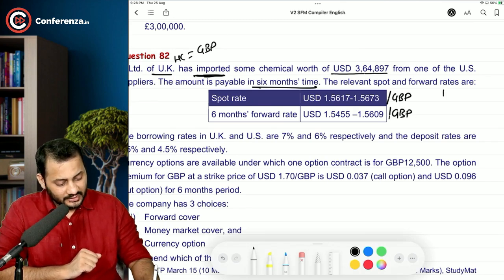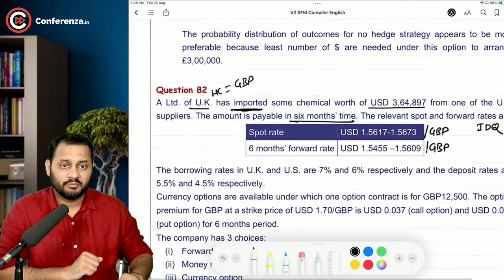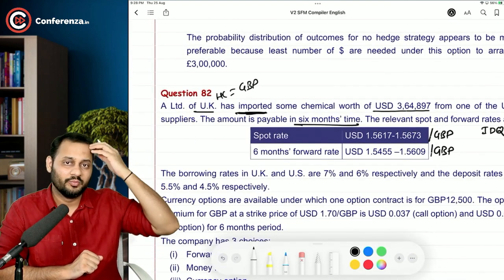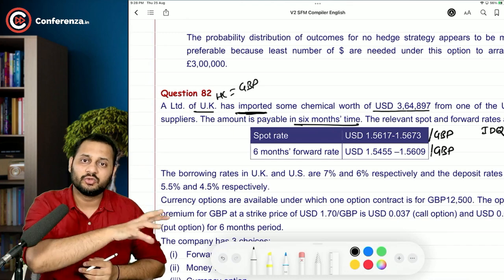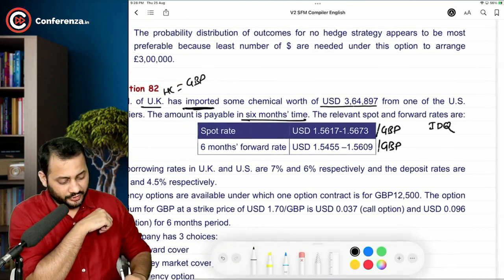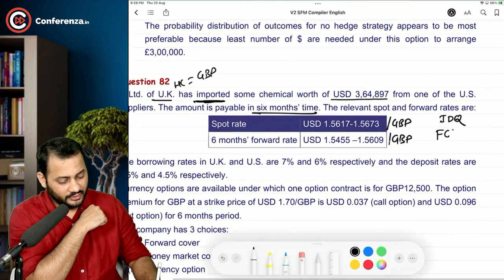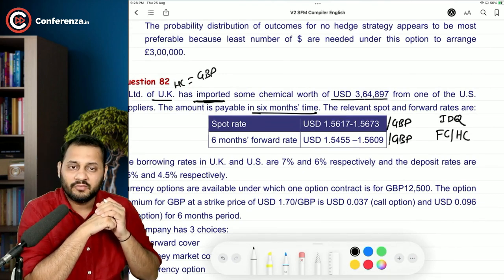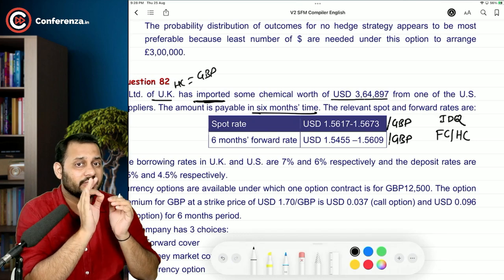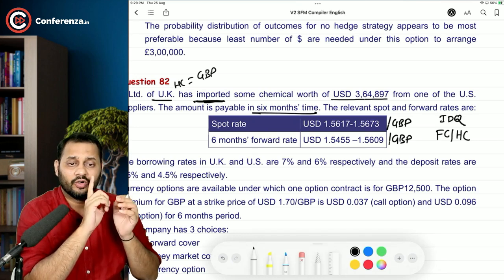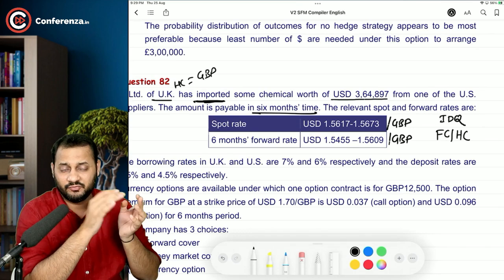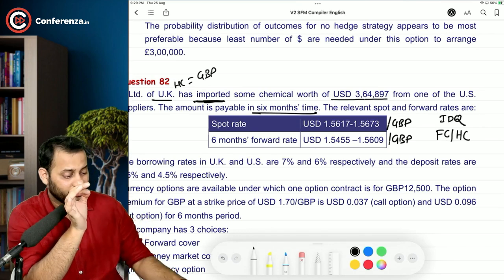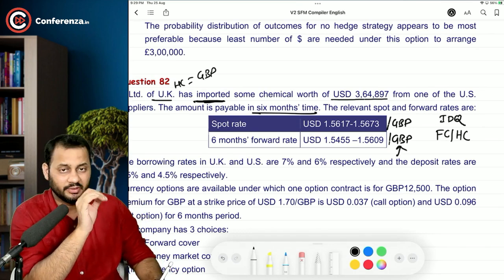So can I say these are indirect quotes because pound is also my home country and that's also the base currency. The quotations are in the form of foreign currency per unit of home currency. So please understand from the start, whatever you want to do with the bid and ask, first put the requirement in terms of base currency, which is GBP.